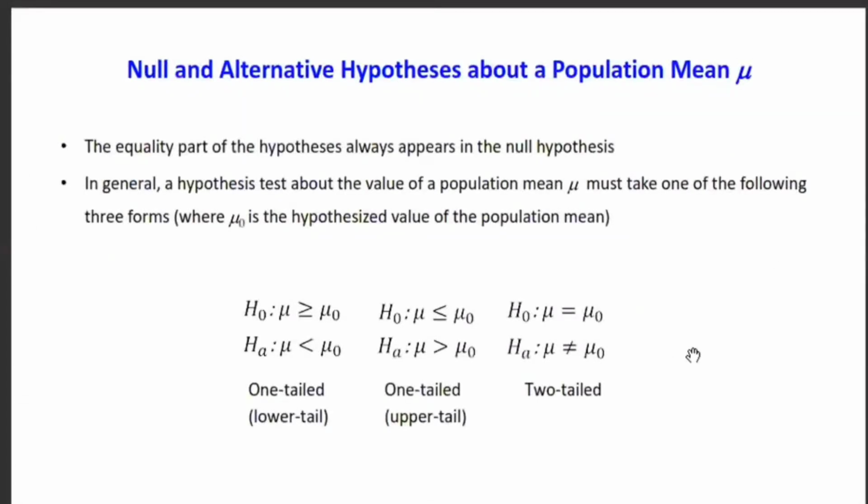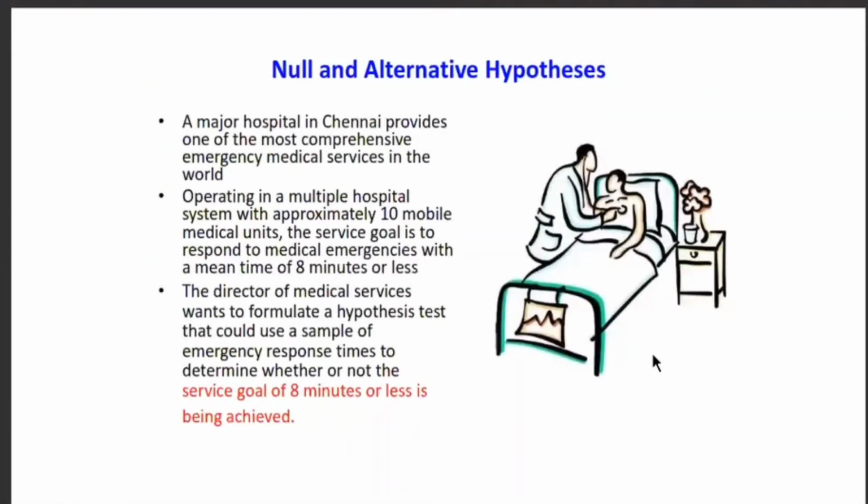Now, let us start. Read this case study and formulate the null and alternate hypothesis. Don't shout suddenly. If you got the answer, first write it in your notes. After writing in your notes, raise your hand. Offline students, first write the answer in your notes and raise your hand.